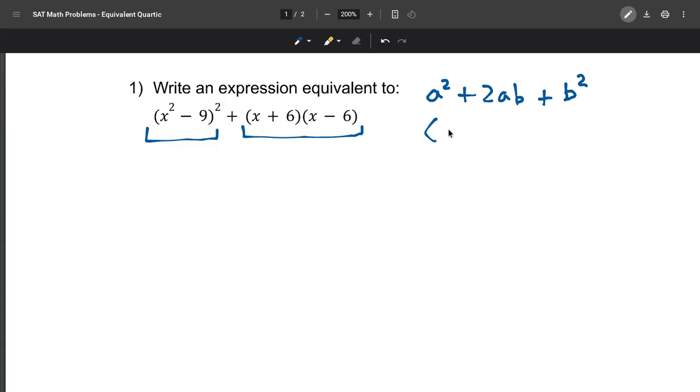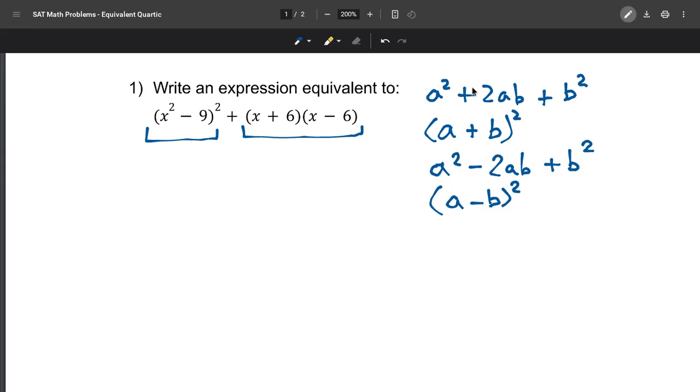That's going to factor to a plus b squared. Also, what we could have is a squared minus 2ab plus b squared, and that's going to factor to the form a minus b squared.